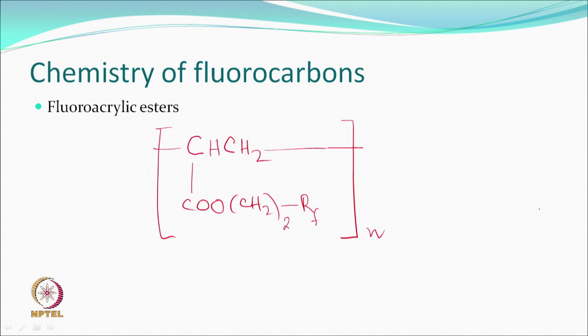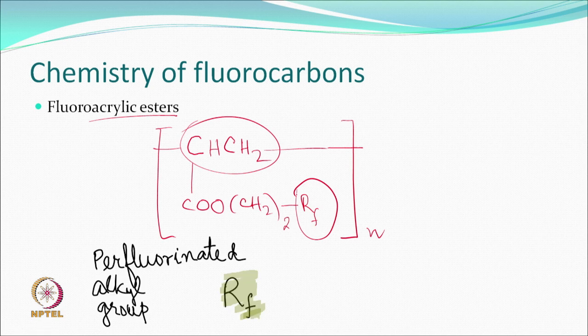So, this for example is fluoroacrylic ester. So, you have a main chain which is here, and then you have the fluoro compound which is attached here. This fluoro compound could be, let us say, CF2.